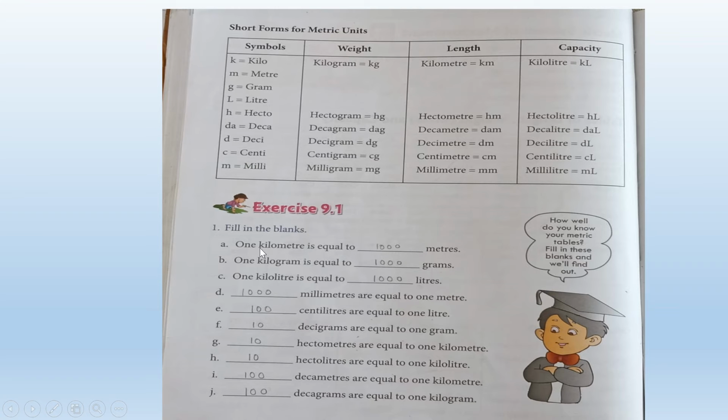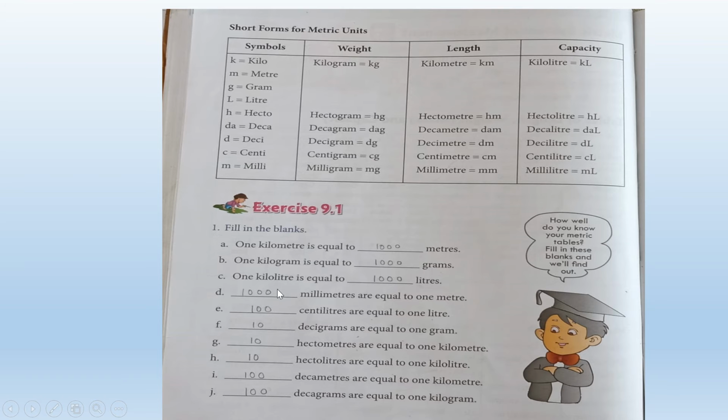We multiply since a bigger unit is converted into a smaller unit. Kilometer is to measure distance. From a bigger unit we always need to multiply, but from smaller units we have to divide. So 1 kilogram is equal to 1000 grams. 1 kiloliter is equal to 1000 liters.